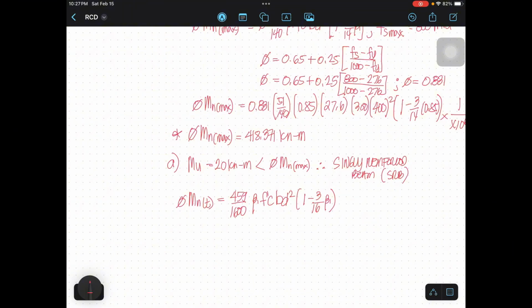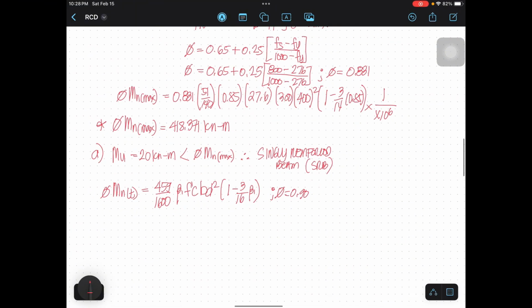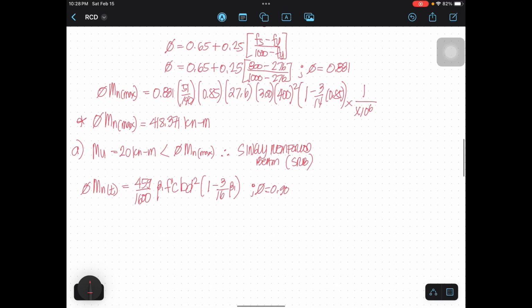Okay, kung mapapansin ninyo, yung ating maximum tension controlled moment capacity is wala na siyang reduction factor. Okay, kasi dito sa direct formula ng ating tension controlled moment capacity is consider na natin na yung ating reduction factor is 0.90. So wala na tayong i-compute pa dyan na reduction factor.